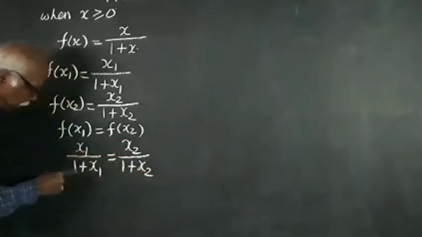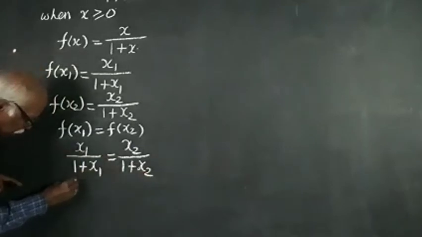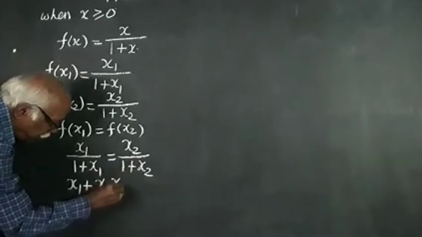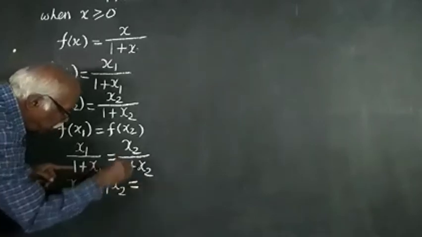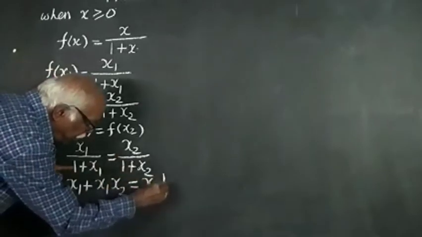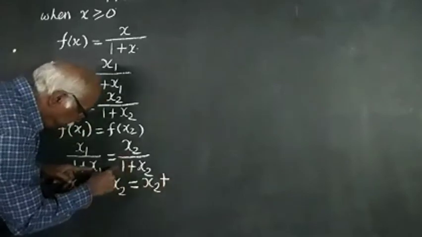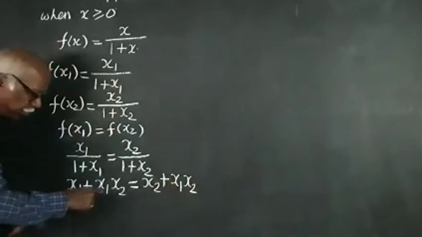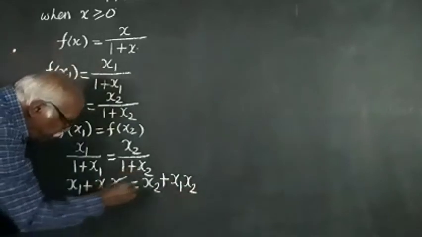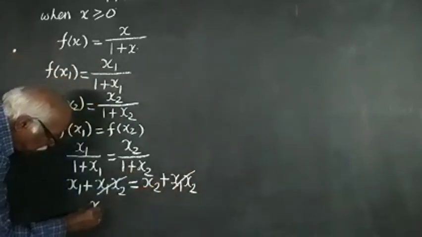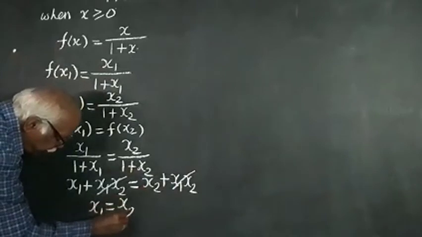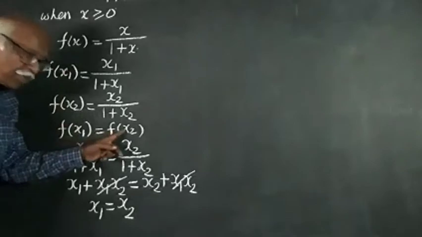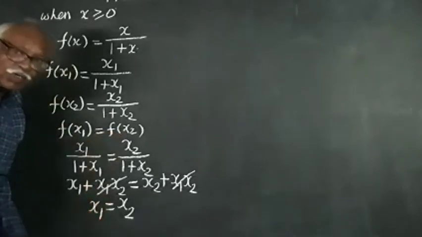Now cross multiply: x1 plus x1 x2 equal to x2 plus x1 x2. So both sides x1 x2 we can cancel. So we are getting x1 equal to x2. We have assumed f of x1 equal to f of x2 and shown that x1 equal to x2.